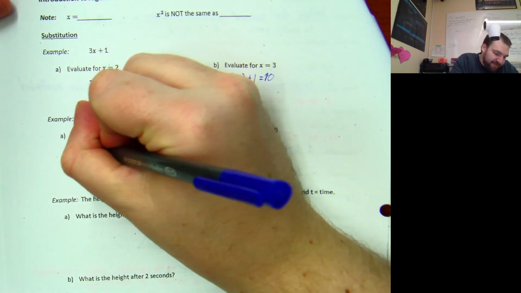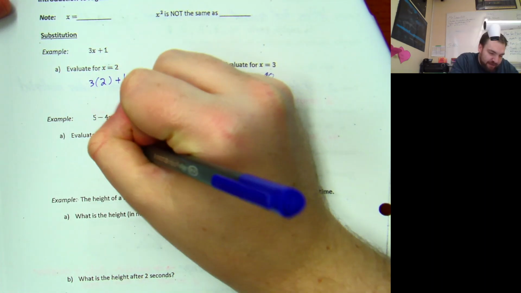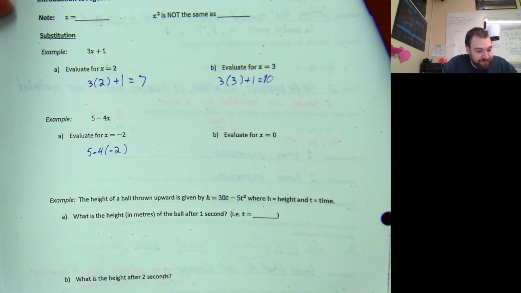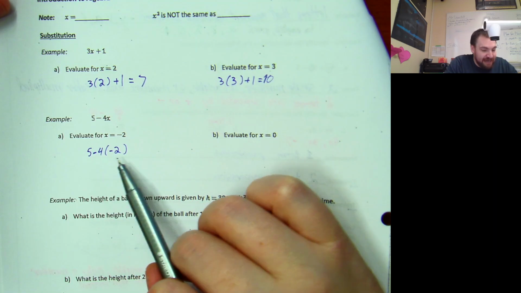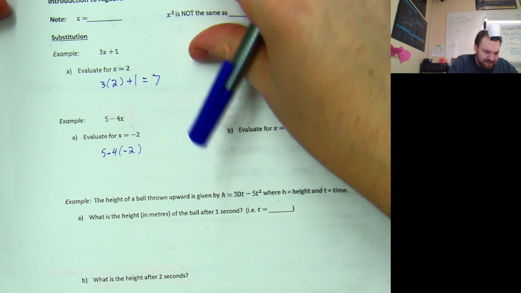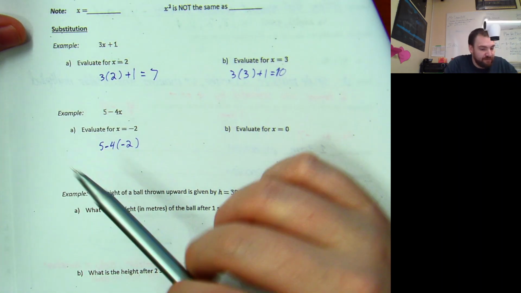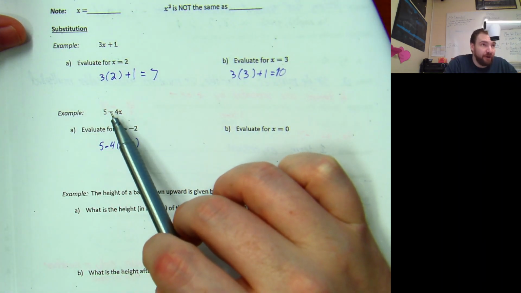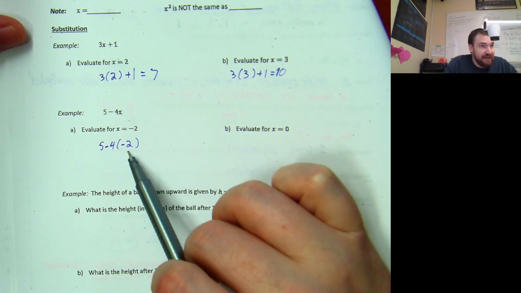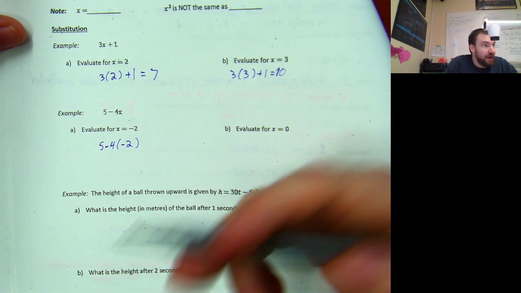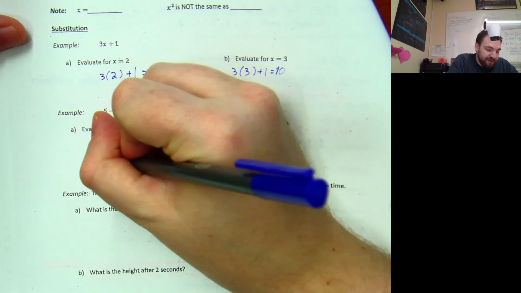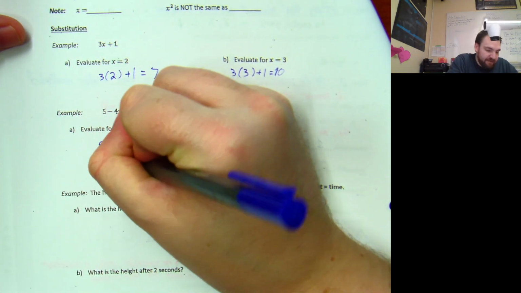So if I've got 5 minus 4 and then I throw these brackets down, I want to put my -2 inside there. You could look at it the way these ladies up here at the front did, or you could say, well, I've got -4 times -2. Did I say that before? With the coefficients, we also include the sign out front. So the coefficient here is going to be -4. So -4 times -2 is +8. So this is going to become 5 plus 8. It's going to equal 13.